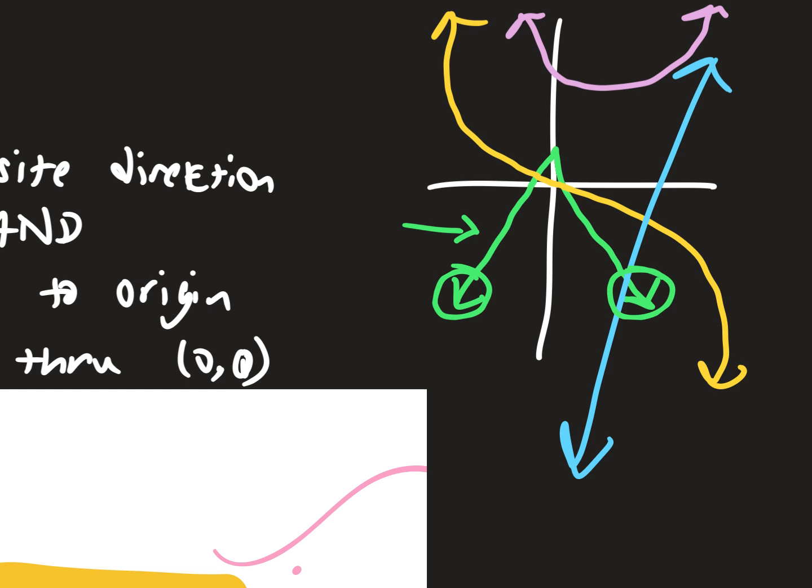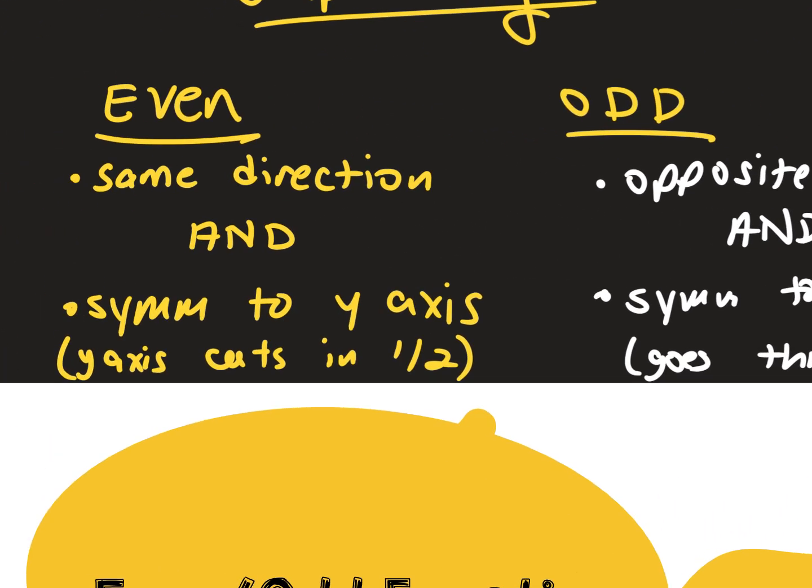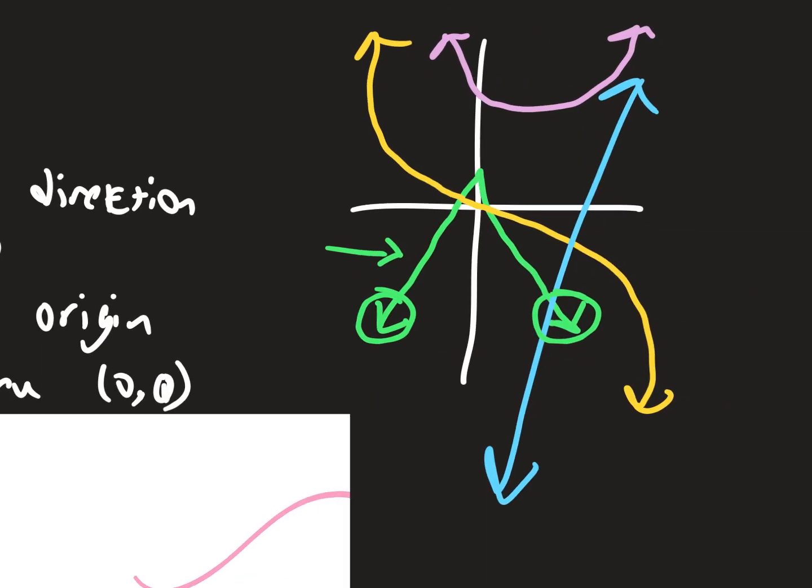What would the other thing have to be? The y-axis has to cut it in half. If that was drawn perfectly, it's a mirror image on one side and the other. Yes, so you would say that's an even function.